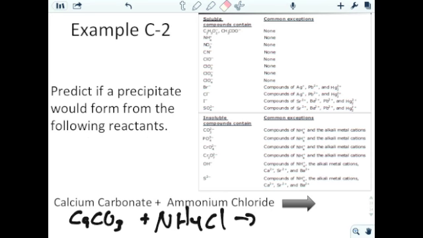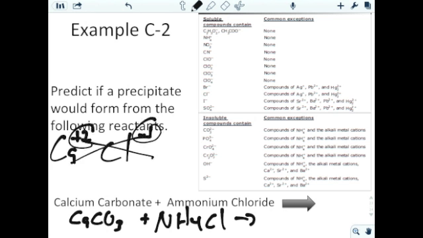Okay, what are the possible products that we could have? The possible product is calcium bonded and switches places, and it's now bonded to chlorine. So Ca +2, Cl -1, crisscross, CaCl2. Okay.